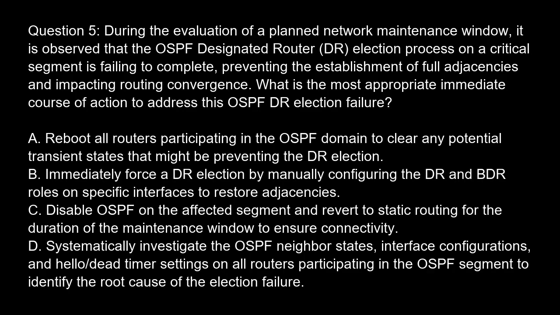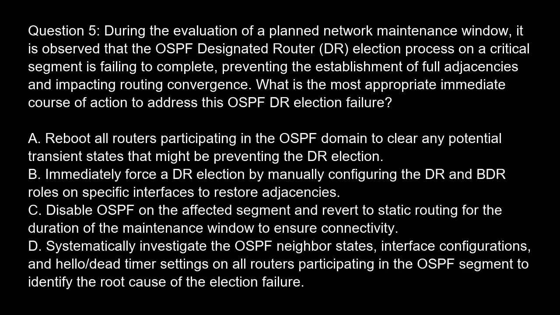Question 5. During the evaluation of a planned network maintenance window, it is observed that the OSPF designated router (DR) election process on a critical segment is failing to complete, preventing the establishment of full adjacencies and impacting routing convergence. What is the most appropriate immediate course of action to address this OSPF DR election failure? Option A. Reboot all routers participating in the OSPF domain to clear any potential transient states that might be preventing the DR election.